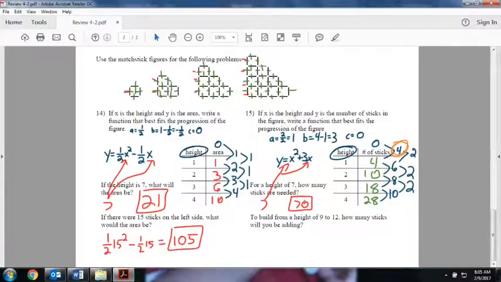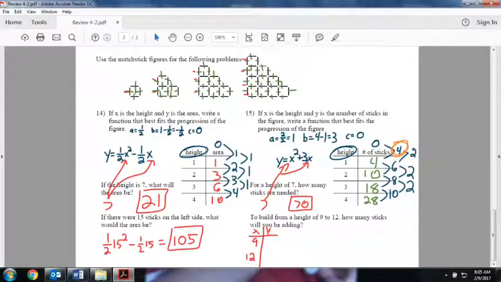To build from a height of 9 to 12, how many sticks will you be adding? Well, we need to do this twice. I'll go ahead and put a little chart right here. We need to find both 9 and 12, and then figure out the difference in sticks.